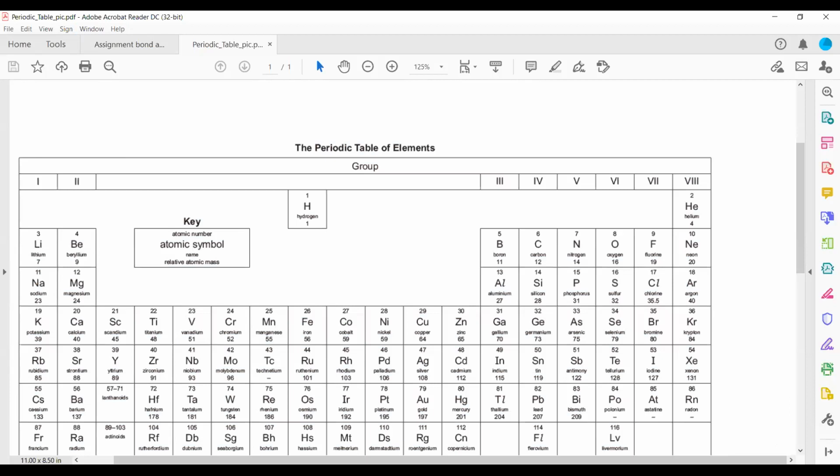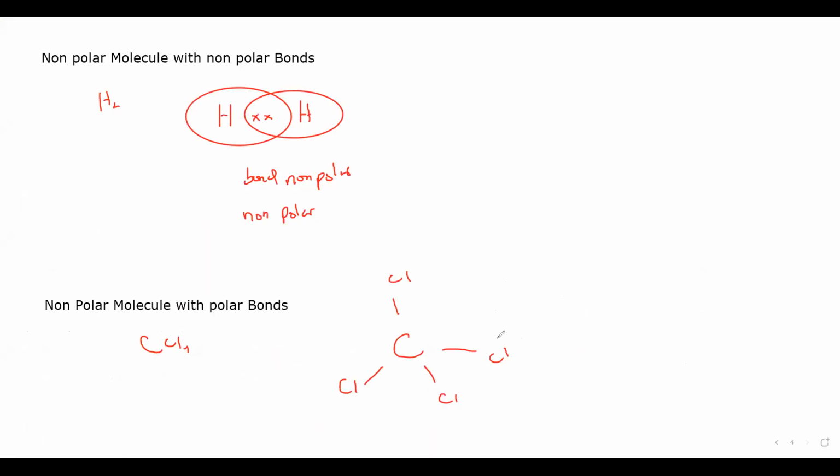So chlorine has a greater tendency to attract the shared pair of electrons. So what will be the charge on the chlorine? It will be partial negative on each, and the charge on the carbon will be partial positive.